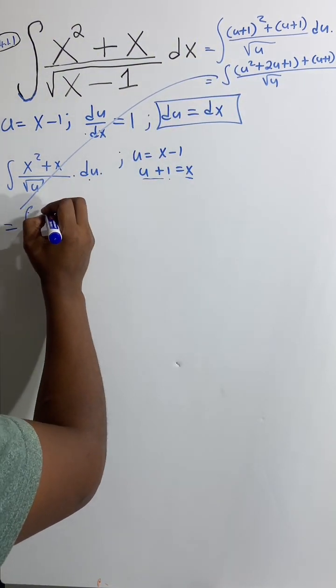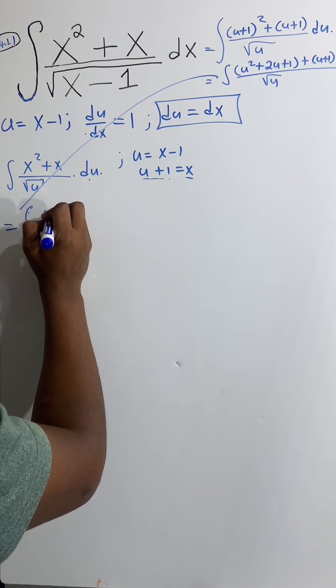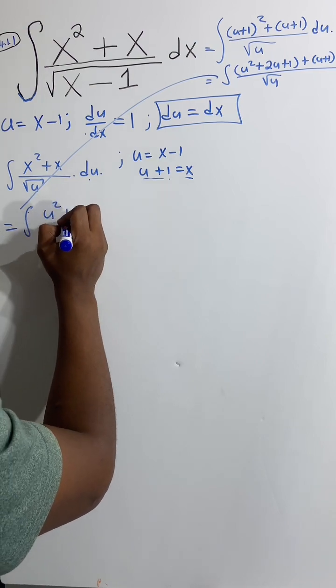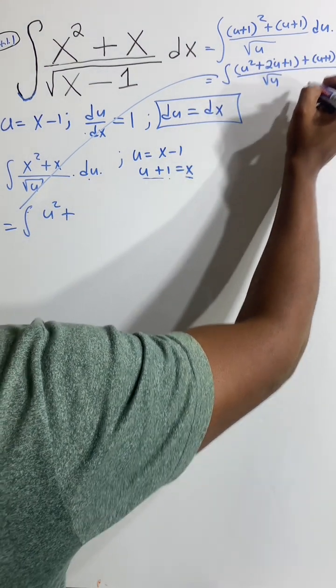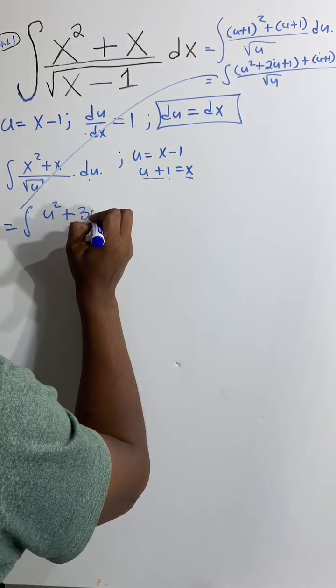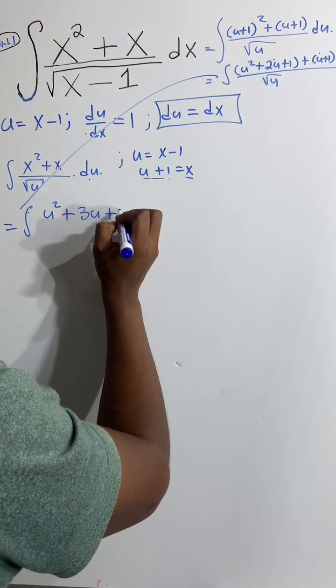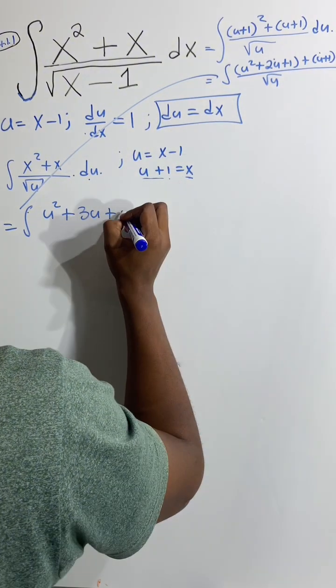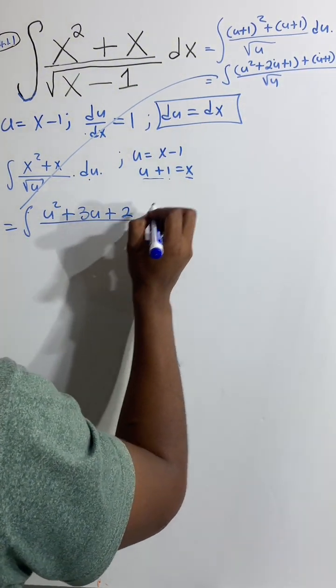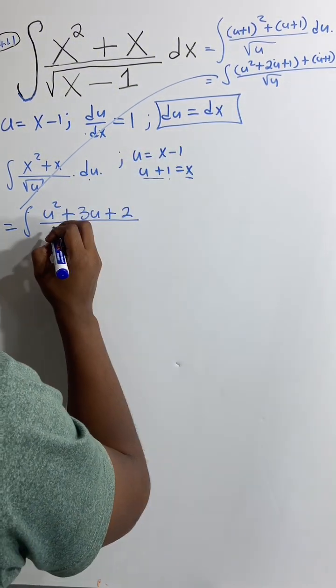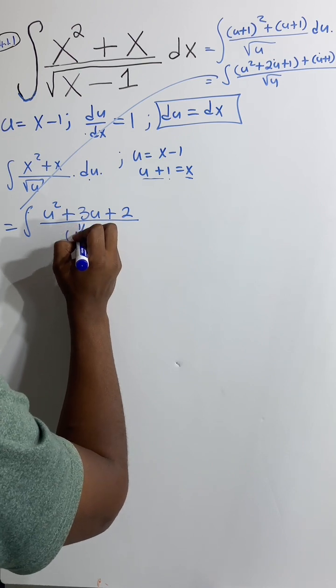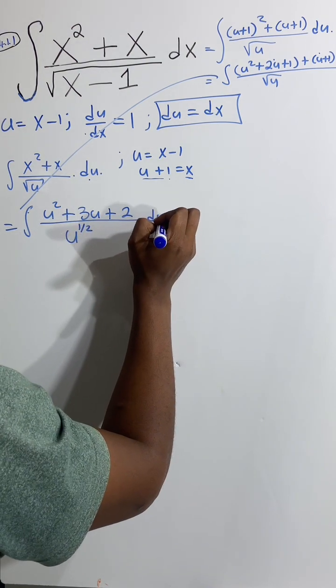So the integral of u squared plus 2u plus u, we get 3u, plus 1 plus 1, we get 2, over, so we choose to write the square root of u as u to the power 1 over 2, du.